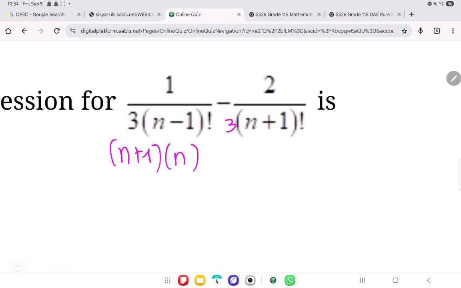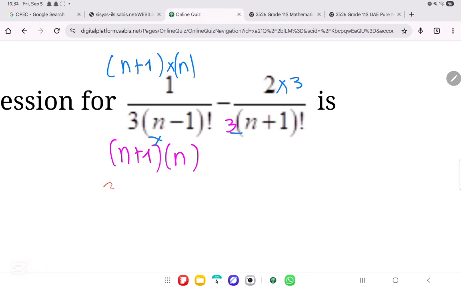Now, there's a rule we've taken over the years of being in school, and it is that whatever you do to the denominator, you have to do to the numerator. So here you will need to multiply by n plus 1 times n. And here you multiplied by 3, so up you will need to multiply by 3. So let us expand it.